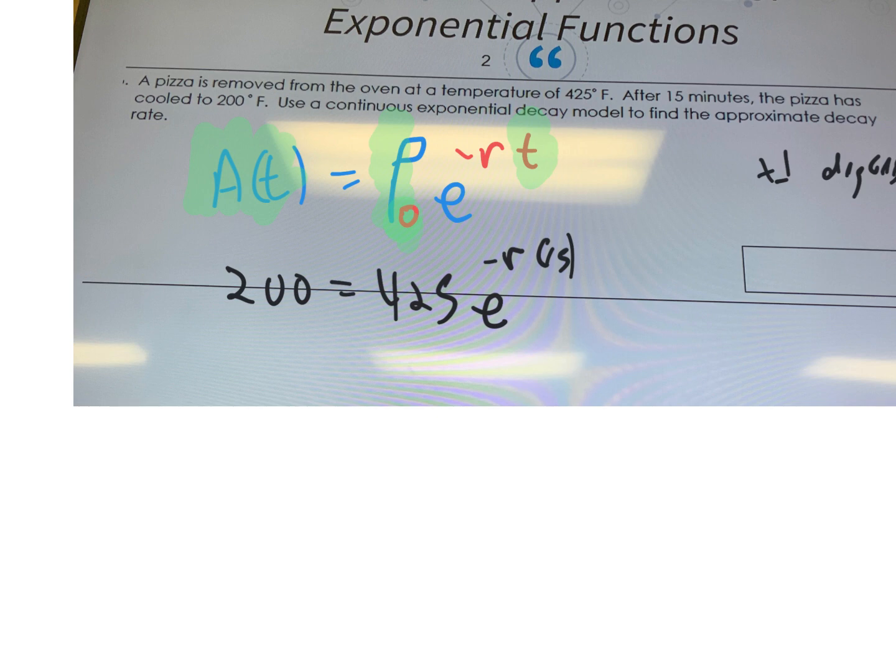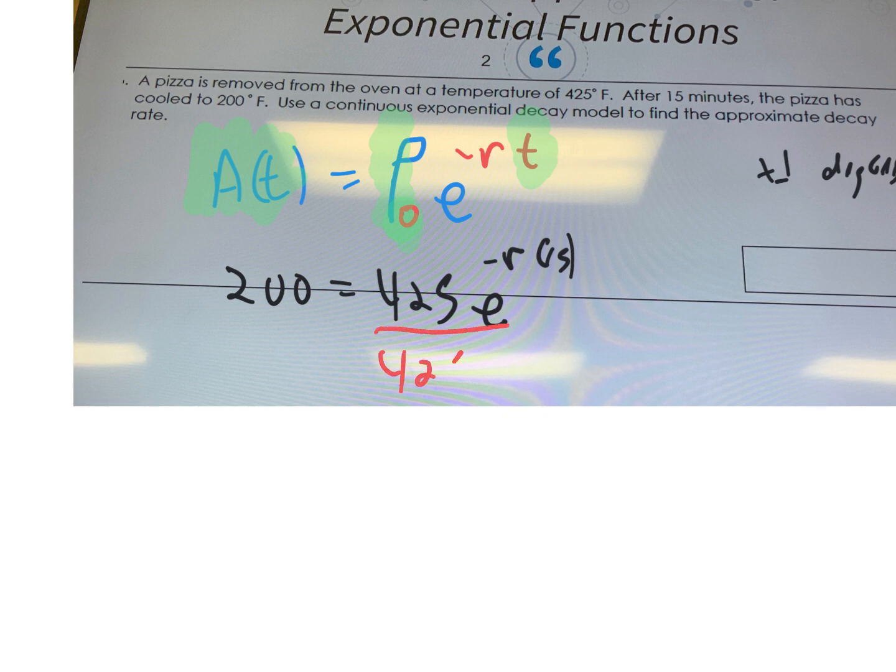What do I have to get rid of first? The e? No, you can't get rid of e first. Somebody, what operation could I do to both sides? Divide by 425. Perfect.